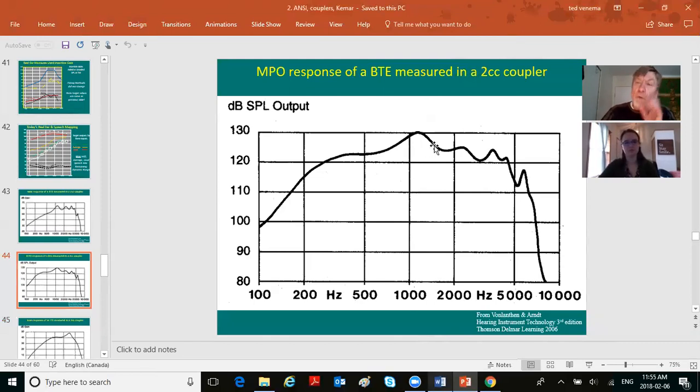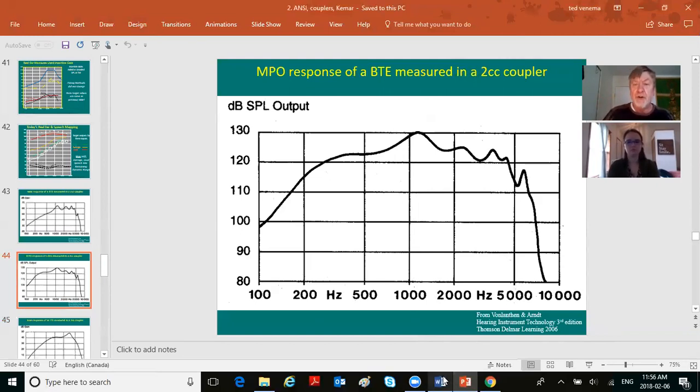And then what's the output at 2,500 hertz? High frequency averages 1,000, 1,600, 2,500. Those three frequencies are added up and divided by 3 to give you your high frequency average, OSPL90. So 1,000, maybe 129; 1,600, probably about 125; 2,500, something like 122, whatever it is. Add them up, divide by 3, that's HFA OSPL90.